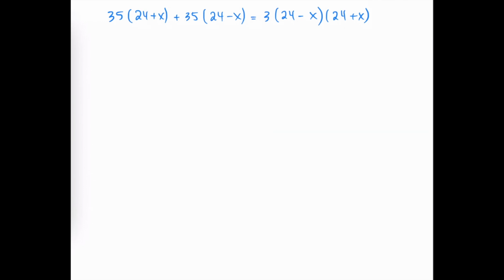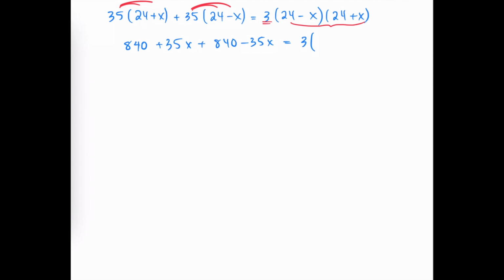So to set it equal to 0, we need to distribute this and multiply everything out. So we start with 35 times 24, which is 840, plus 35x, plus another 840 minus 35x is equal to, let's hold on to this 3 for a moment and just multiply these two quantities together. Notice that they are the difference of squares in its factored form.